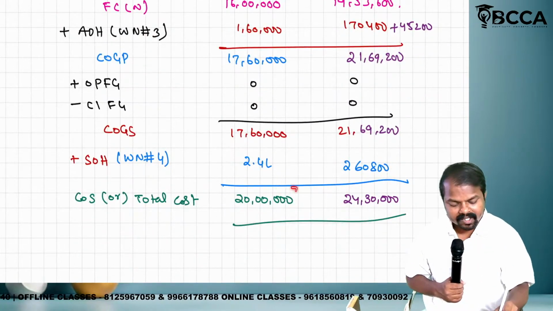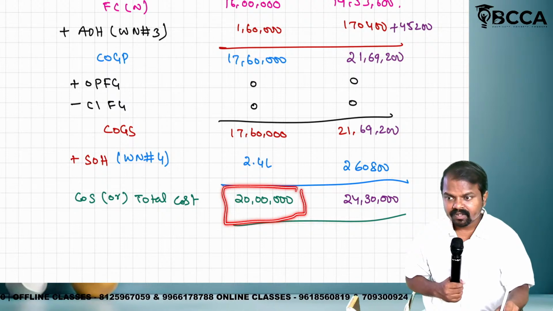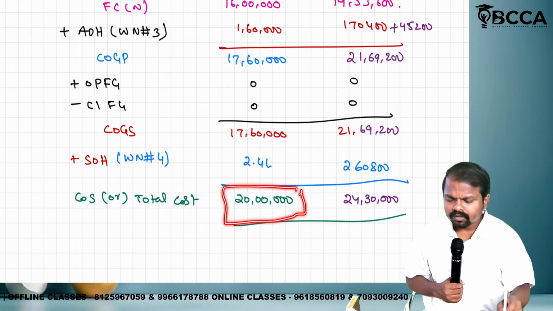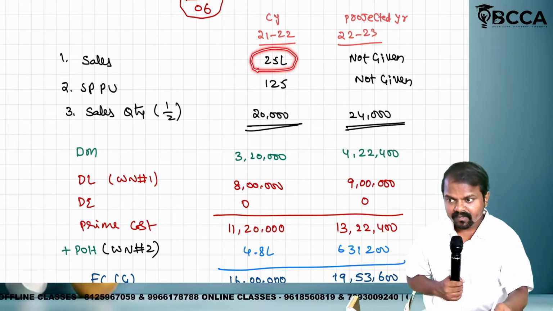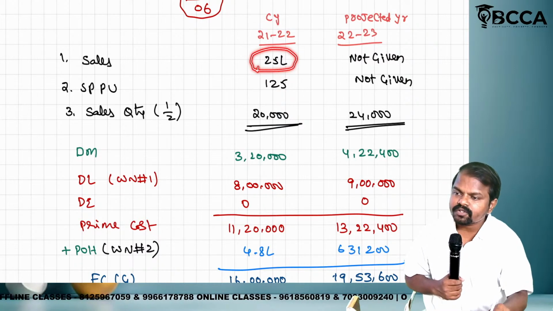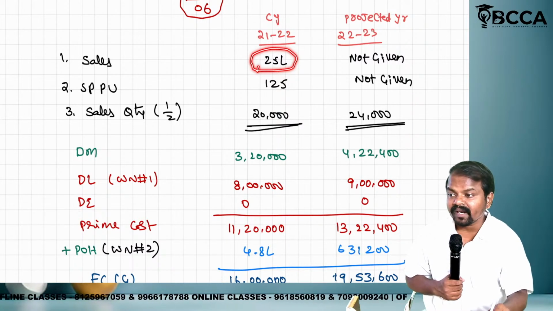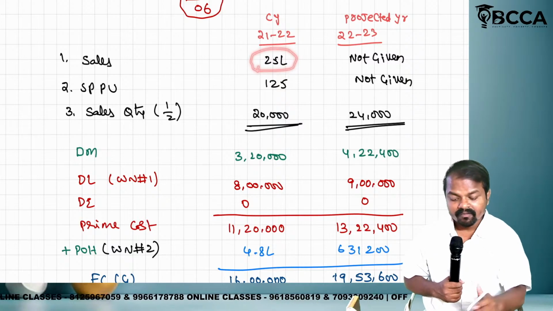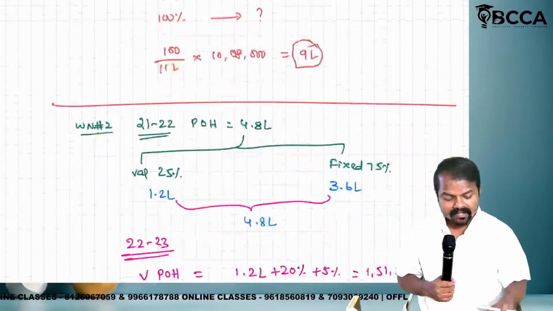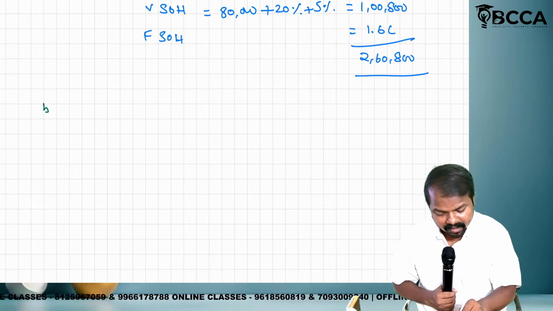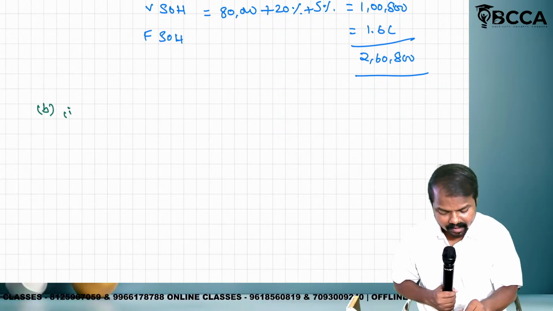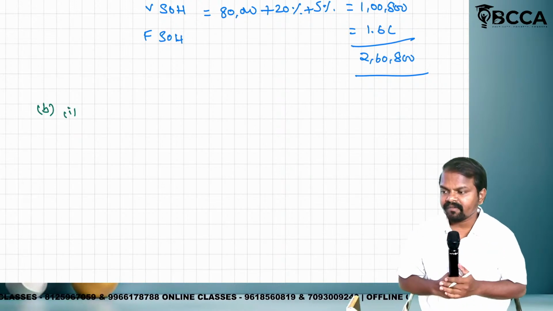Listen. What is the cost of sales? 20 lakh. What is the sales? 25 lakh. What is the profit? 5 lakh. So please don't write. Please observe. Case number B, situation number 1.